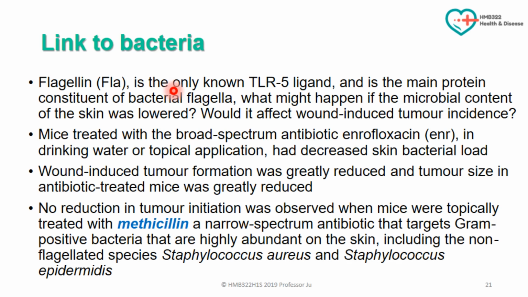What if you reduce the amount of bacteria on their skin? So if this is really due to the fact that somehow wounded skin that has overproduction of the pathway MEK1, would you actually reduce the size of the tumors if you didn't have as much bacteria growing on it?